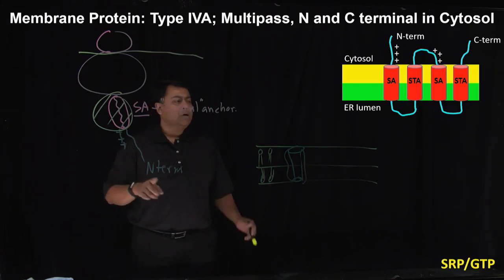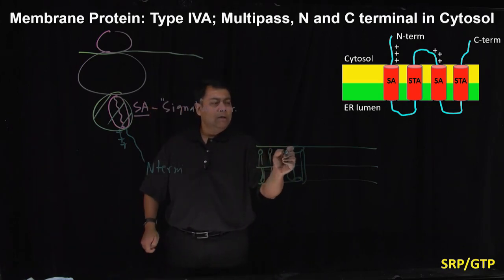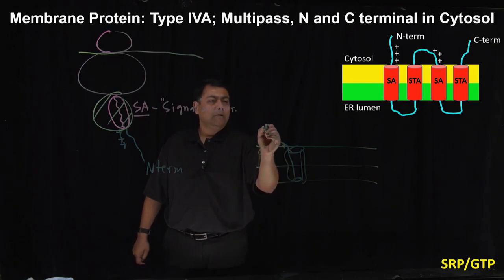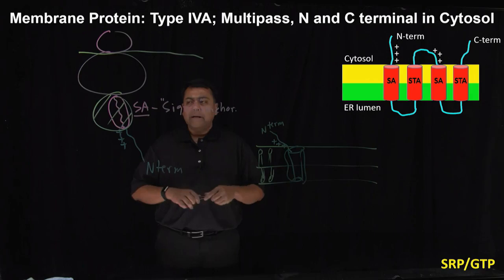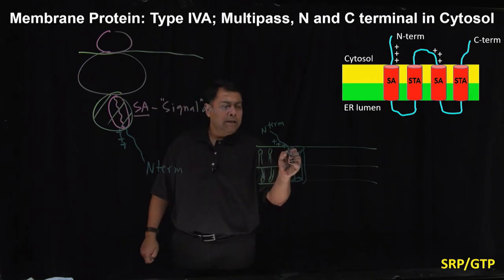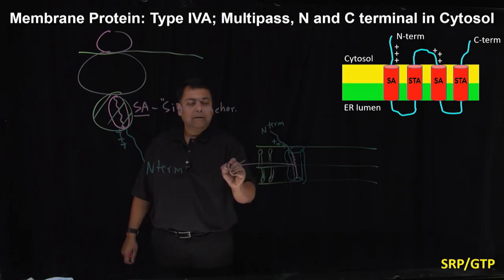Due to these plus charges, the N terminal is not going to be lowered into the lumen, so it will stick out into the cytosolic side. Right here, this is your SA sequence.